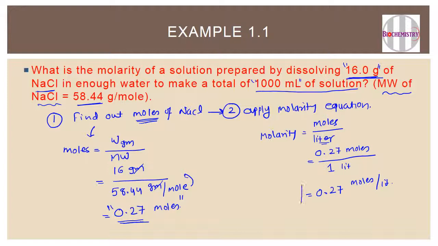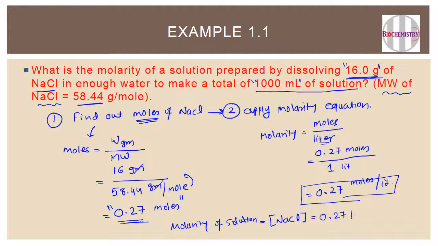So this is our answer, and if you want to write this answer in a proper manner, then we can say that the molarity of the above solution is, or you can simply put square brackets, is equal to 0.27 M. Capital M, that means we are talking about moles per liter.